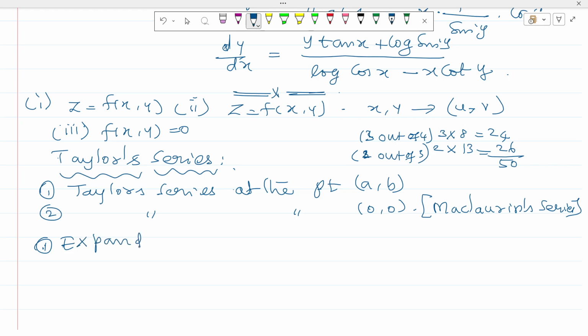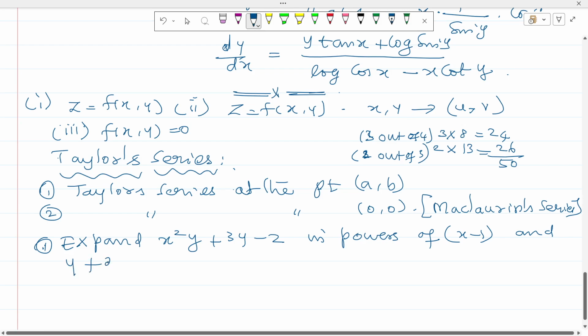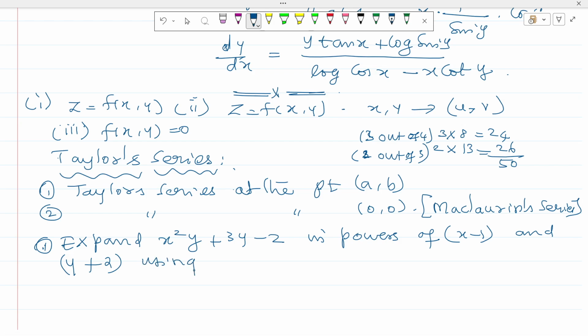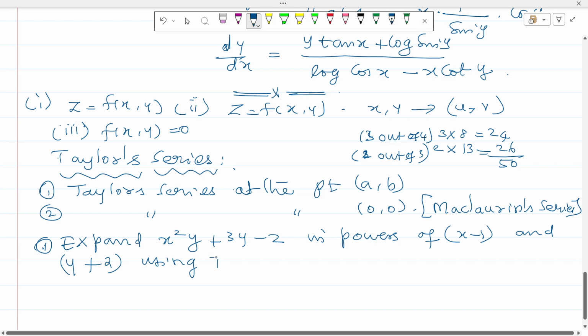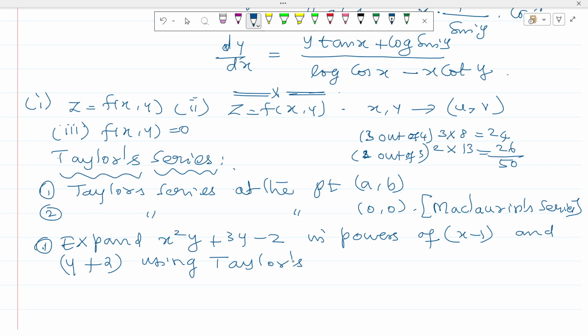Expand x square y plus 3y minus 2 in powers of x minus 1 and y plus 2 using Taylor series or Taylor's theorem, up to terms of second degree.